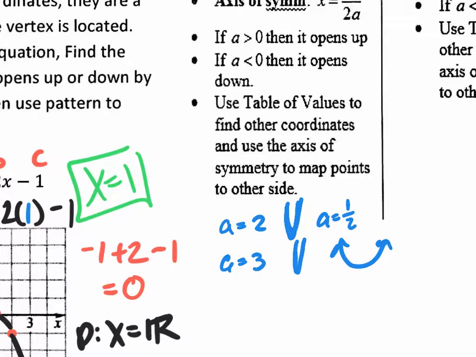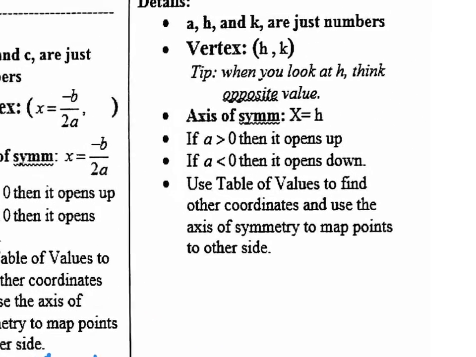If you go to an a value of 1/10, then it gets super wide. So the a value not only tells you if it opens up or down, but it tells you if it's wide or narrow. The further it is away from 0, the narrower it gets, the more vertically stretched it gets. We'll get to that in a couple minutes. We'll review that some more.